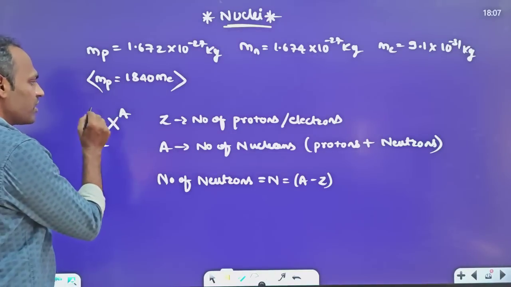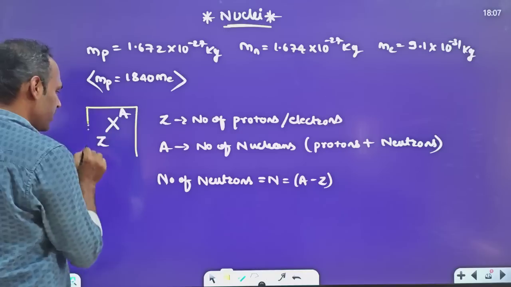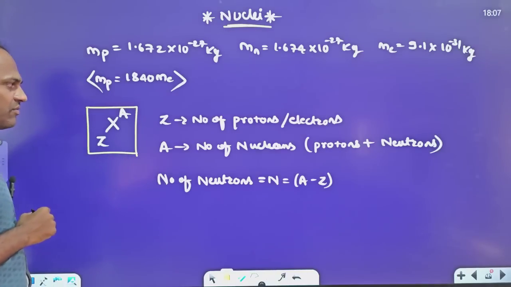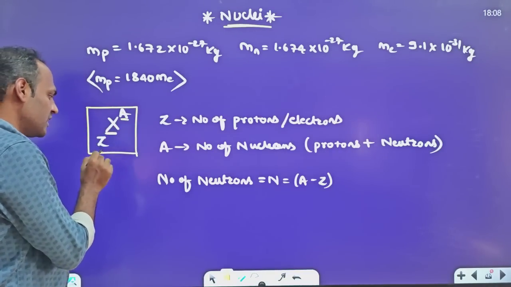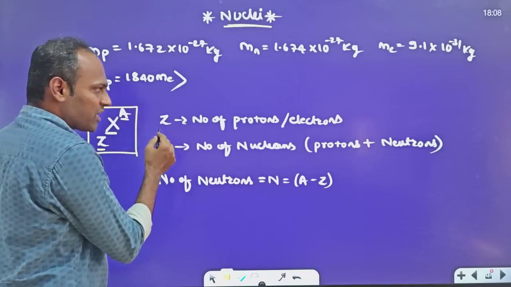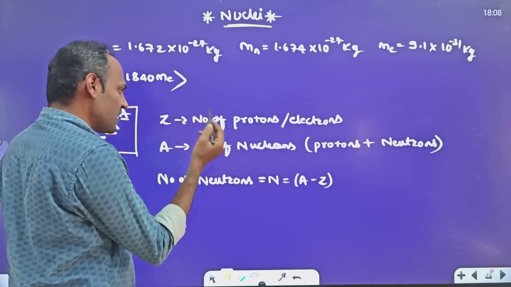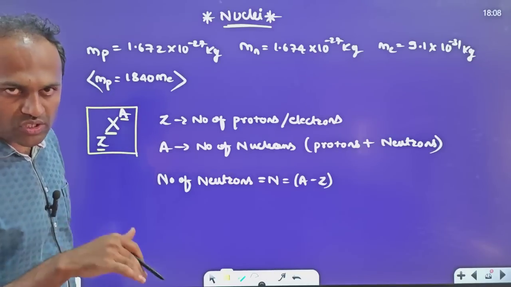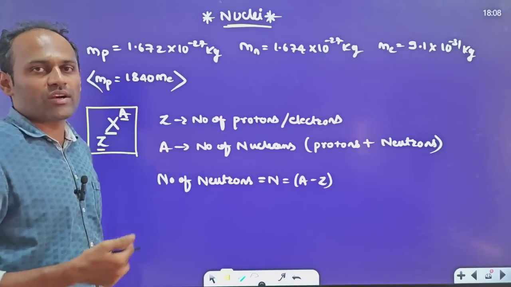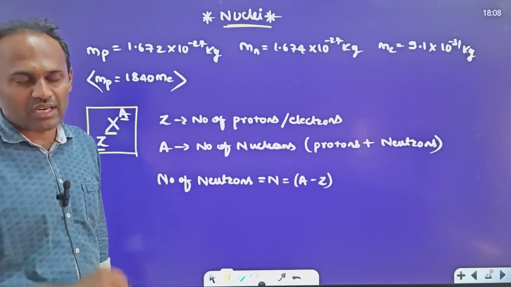Okay, next, we know very well a nucleus is represented in this way. It is represented scientifically like this. X is the nucleus, A is the mass number, Z is the atomic number. Z, the atomic number, tells us the number of protons or number of electrons. However many protons are present in the nucleus, the same number of electrons will be present outside the nucleus in circular orbits.